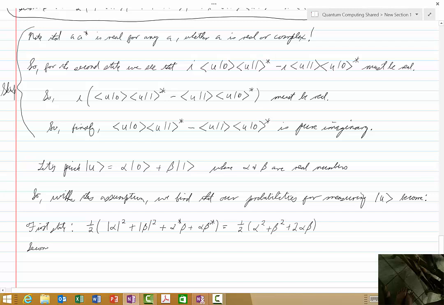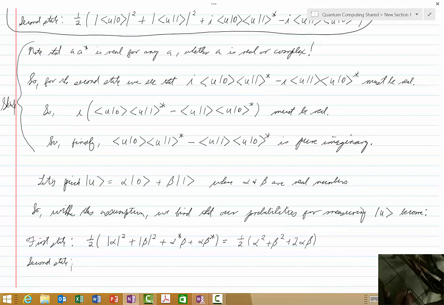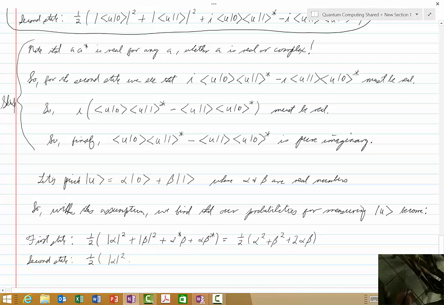And for the second state, we get 1/2 times magnitude of alpha squared plus magnitude of beta squared plus I times alpha star beta minus I times alpha beta star.